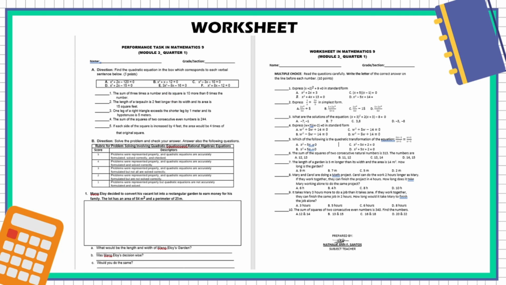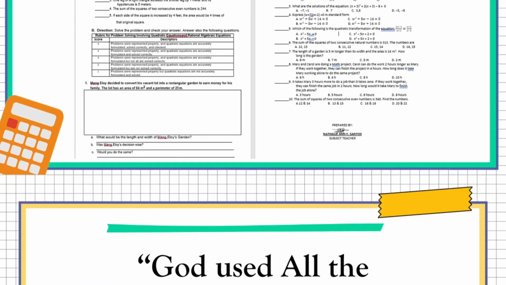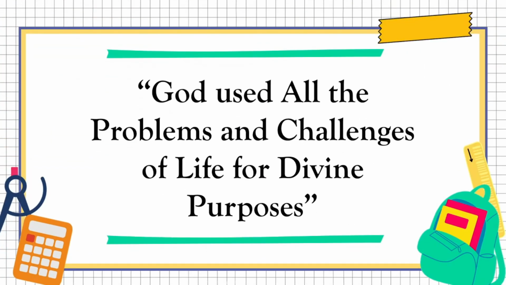Okay, so that's all for this module 3. So before we end, okay, I want to say this quotation: God used all the problems and challenges of life for divine purposes. So ang Diyos ay hindi tumitingin sa kaguluhan tulad ng nakikita natin, kung saan nakikita natin ang stress, nakikita niya ang opportunities, kung saan nakikita natin ang crisis, nakikita niya ang paglago at pagpapabuti.